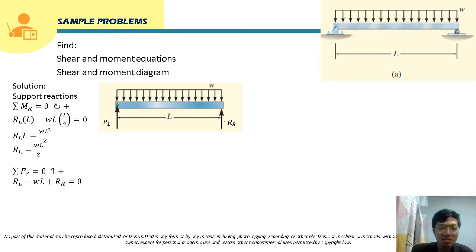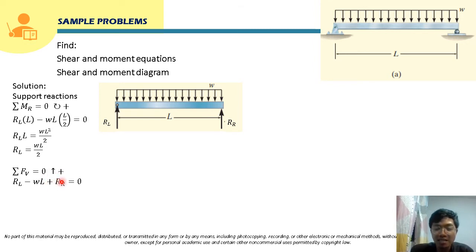So in this case, this will be R sub L, positive since this is upward. Plus the equivalent point load, or concentrated load, of this rectangular load is just the area, so that will be WL. It will be downward, that's why it's negative here. And the reaction here is upward, so it will also be positive in our summation.